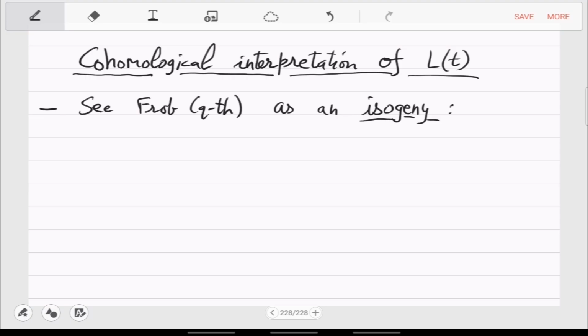So what's an isogeny? Well, it's too late to define in this course now, but let's anyway do it. An isogeny is essentially at least a morphism from a curve to itself, but it will be more because now on the Jacobian we have a group structure. So an isogeny will also preserve the group structure. So an isogeny alpha on J, on the Jacobian.